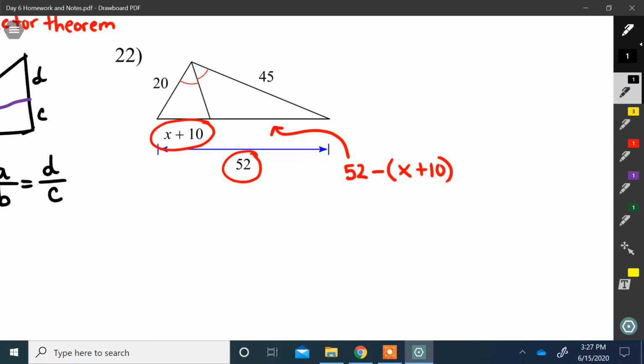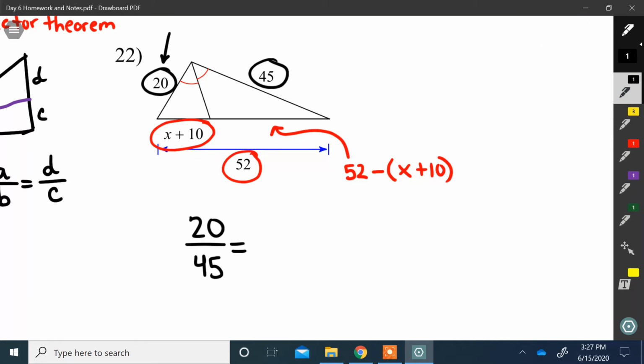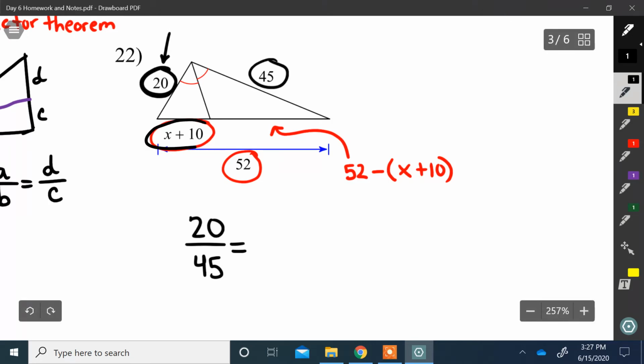So the angle bisector theorem says that 20 over 45 should equal, if I start with 20, guys, here's the point: don't overthink the A, the B, and the C, and the D. If you start with 20, then you should start with this one right here, the same triangle.